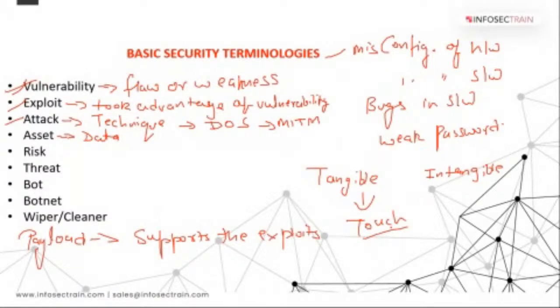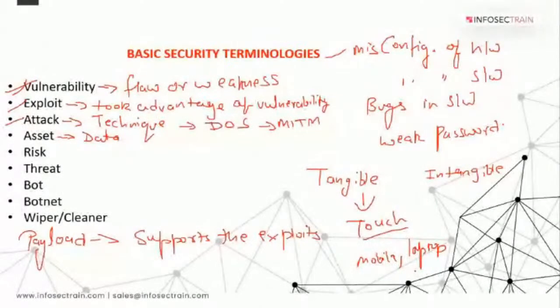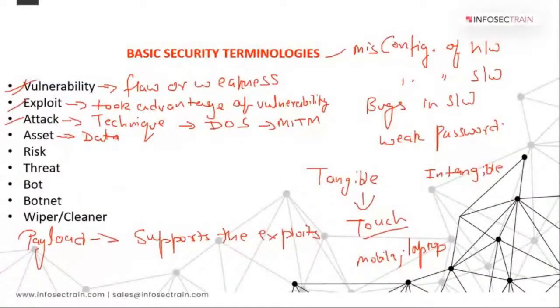Like your mobile phone, your laptop, right? Anything that is valuable for you, even a gift from someone, that is also a tangible asset. It holds some value for you, right? So it has intellectual value for you. So that is in your tangible.